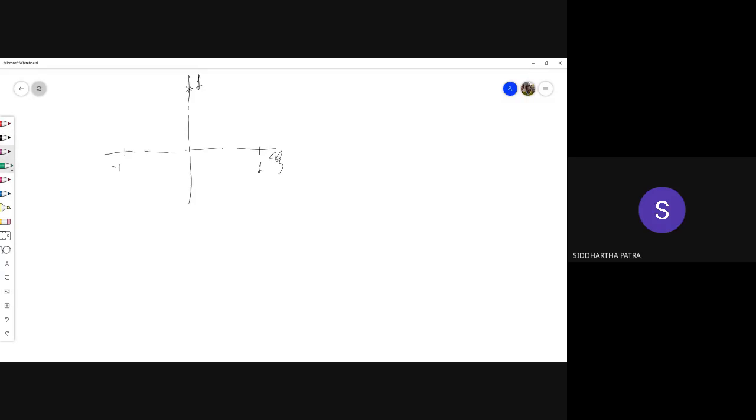And this one is xi equals 0. So this is node 1, this is node 2, and this is node 3. So the first shape function at node 1 is 1, and then it is 0 over here, and also 0 over here.